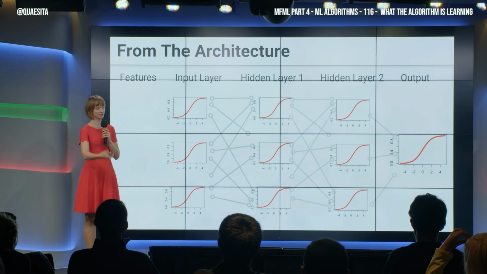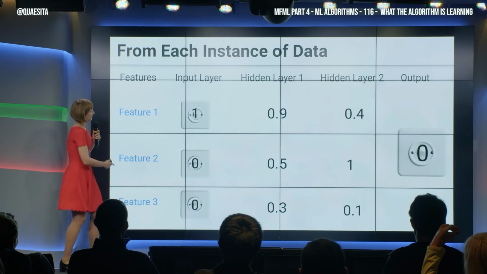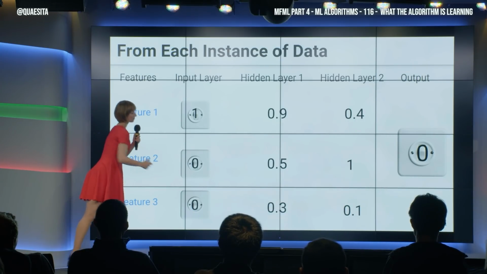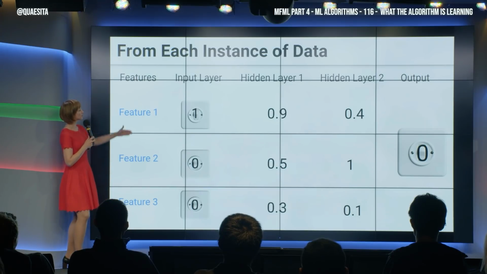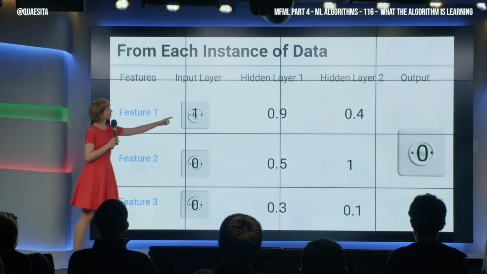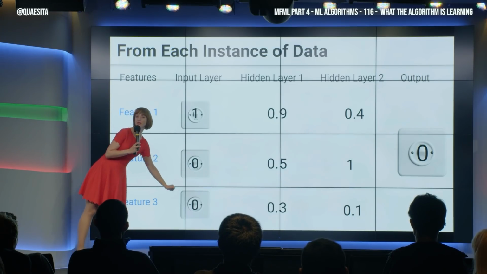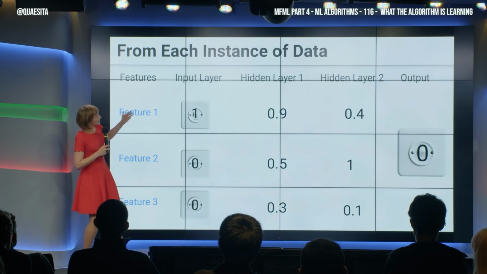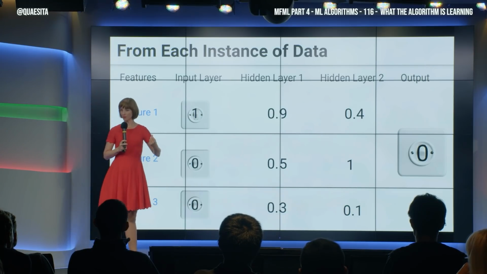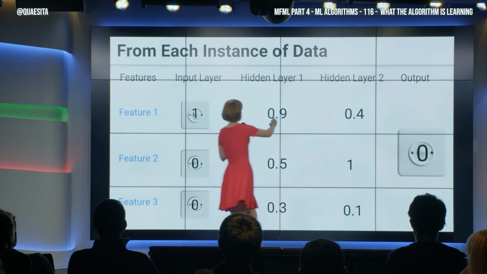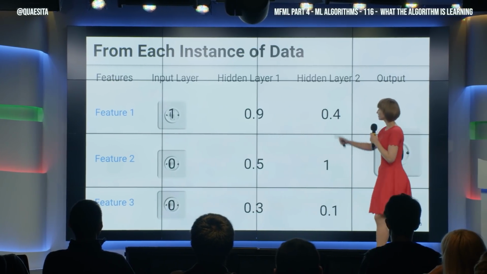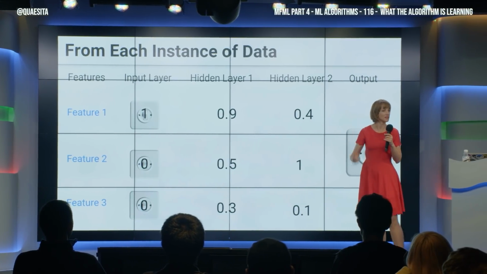From each data point, you get the actual values. So if this is a row in your spreadsheet, these are the column headings, and the first row has 1, 0, and 0 in it. And then as this flows through your network, the values inside the hidden layers are also determined by that particular example.